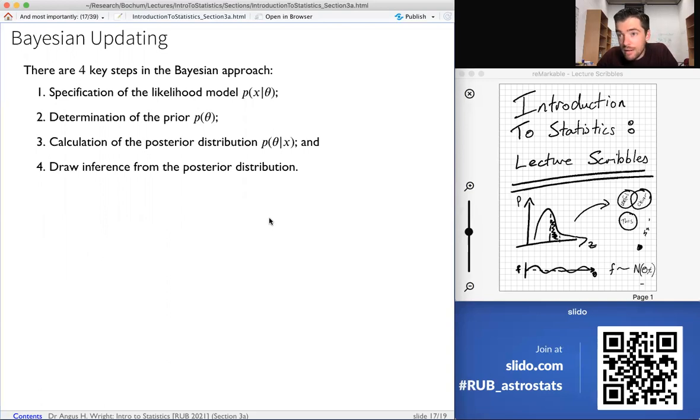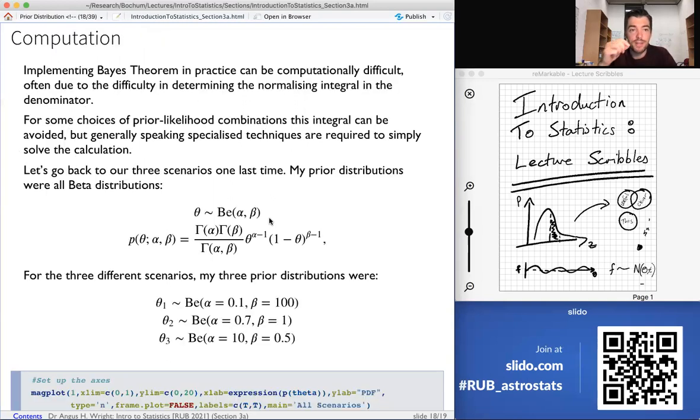Calculate the maximum value, the mode of the posterior, the mean of the posterior, the highest probability density in the posterior, and use those for your inference, or use the posterior as a distribution itself for your inference. These are the 4 steps that are part of Bayesian statistics.